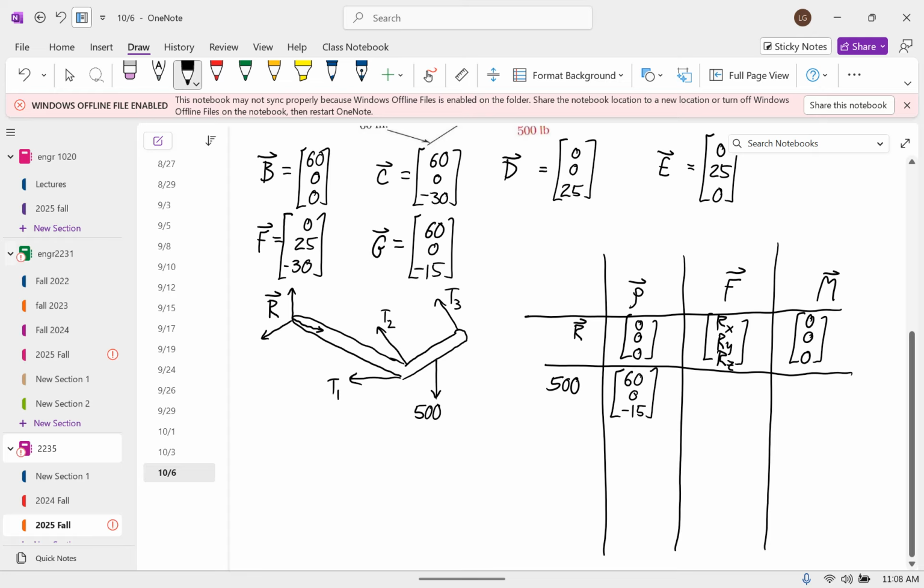Okay, so we got the row vector. The force vector is in the negative y, so 0, negative 500, 0.